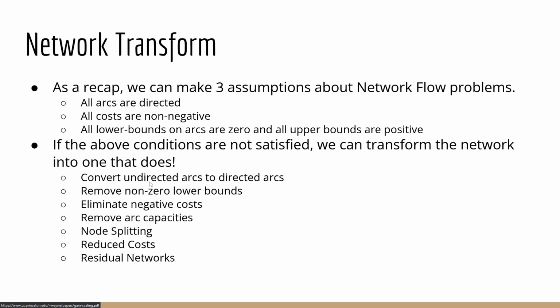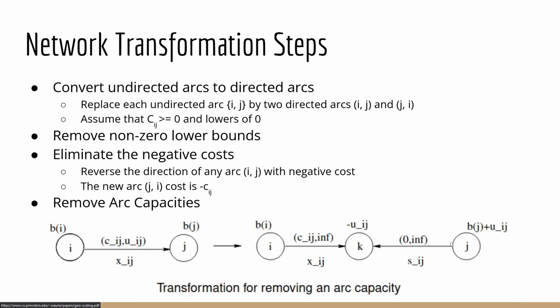You want to first convert undirected arcs to directed arcs. You next want to remove non-zero lower bounds, eliminate negative costs. After that, you want to remove arc capacities, which leads into node splitting, then reduce costs, and to finish off is residual networks. The first step, convert undirected arcs to directed arcs. You want to replace each undirected arc ij by 2 directed arcs, ij and ji.